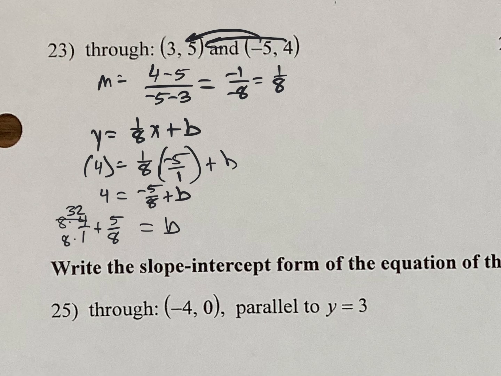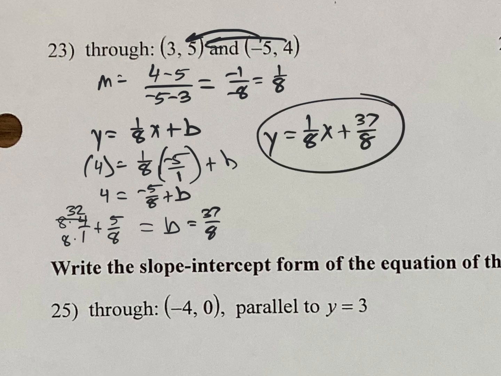You get 37/8. And that's where it crosses the y-axis. So you rewrite the equation: y equals 1/8 x plus 37/8. And again, looks like there's a pattern there, but don't always assume that that's correct. Next question.